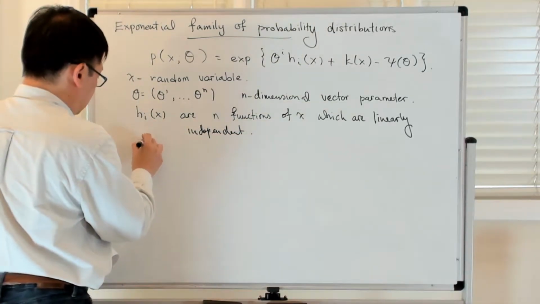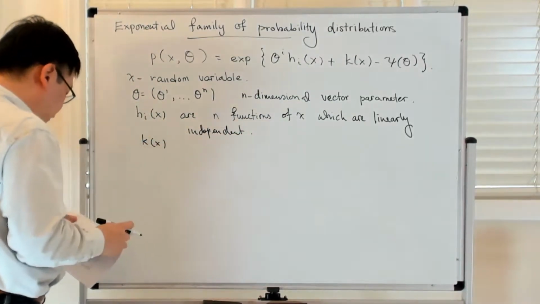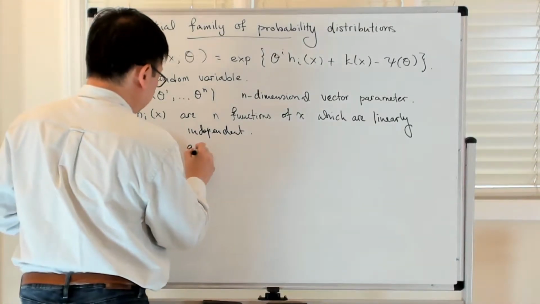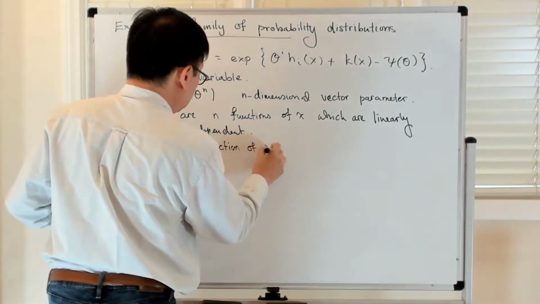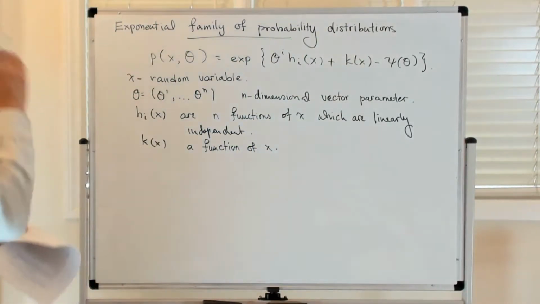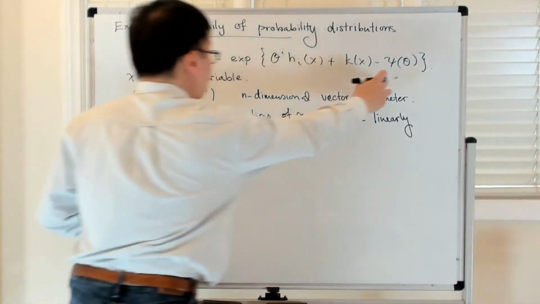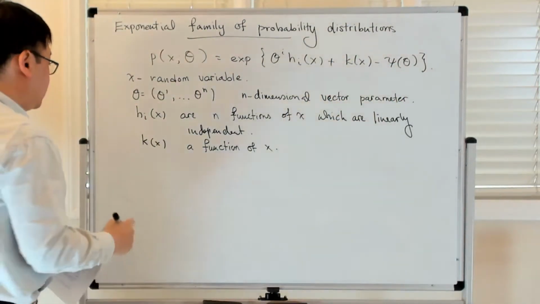And then k(x) is, again, a function of x. And then psi is chosen to be a normalization, basically.